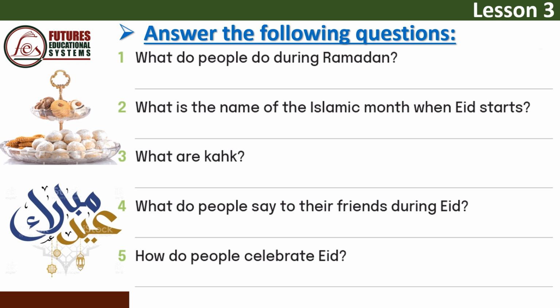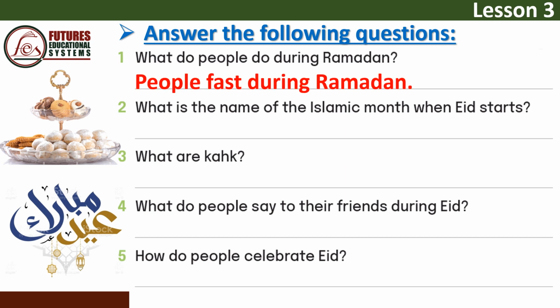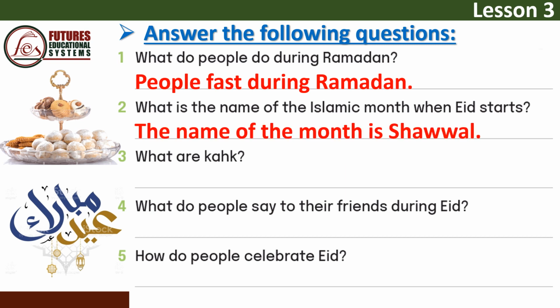Let's answer the following questions. What do people do during Ramadan? People fast during Ramadan. What is the name of the Islamic month when Eid starts? Do you remember? The name of the month is Shawwal.